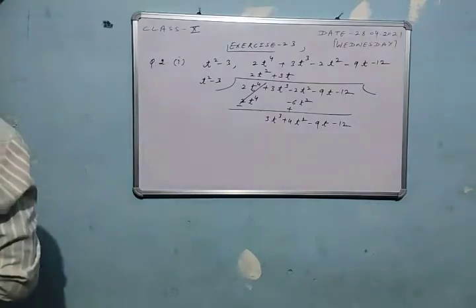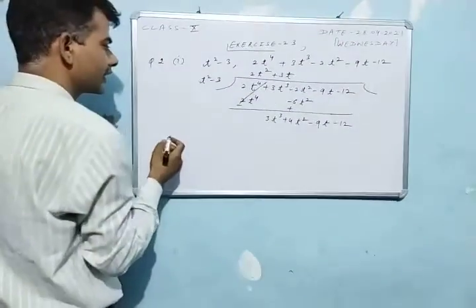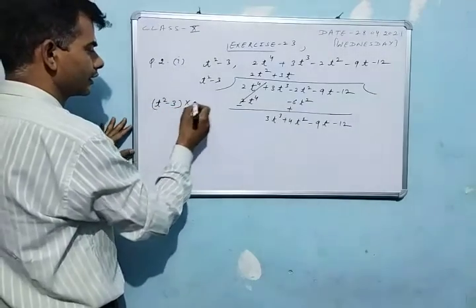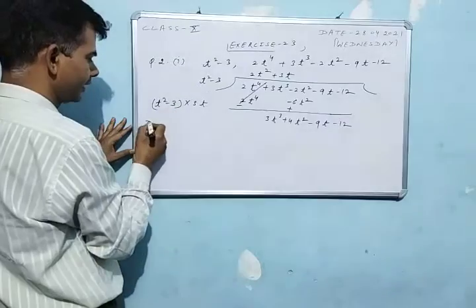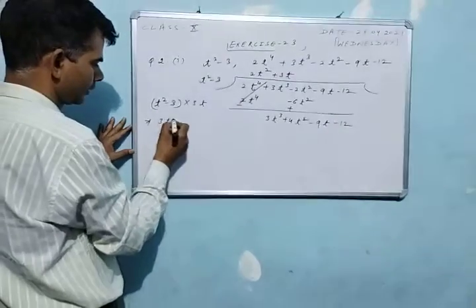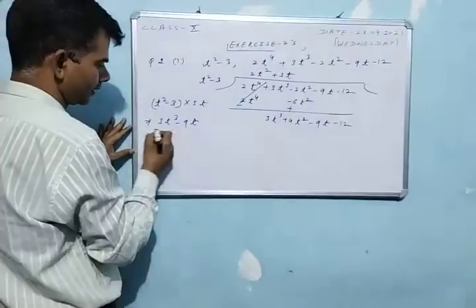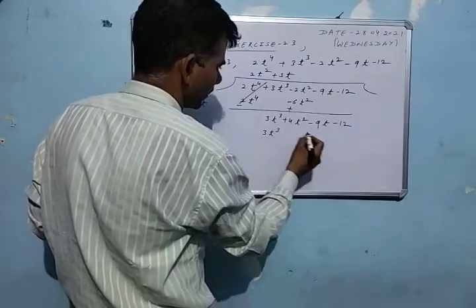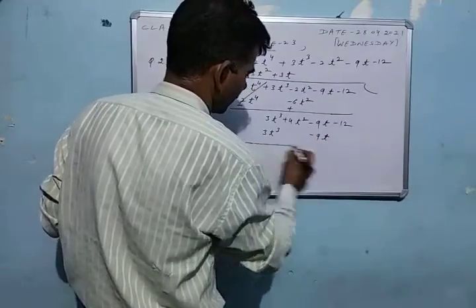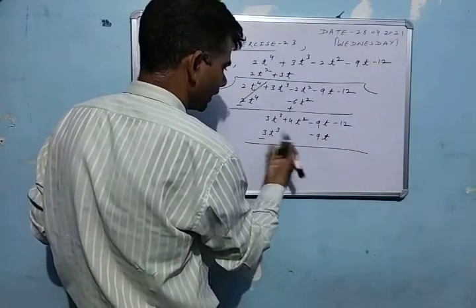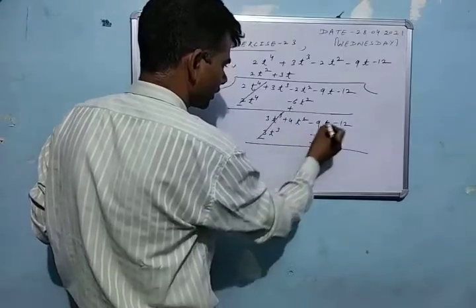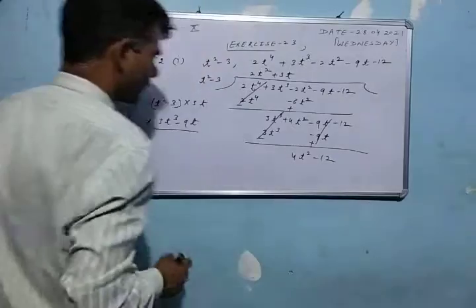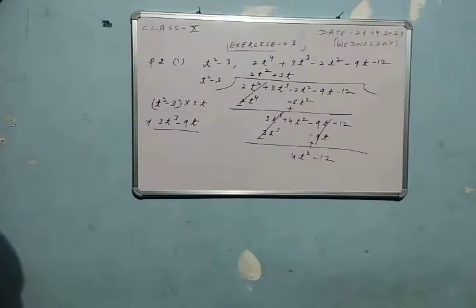Now student, t square minus 3 multiplied with 3t, and 3, that is 3t cube minus 9t. 3t cube minus 9t. Now student, your remainder, that is minus and that is plus, cancel out. Remainder is 4t square minus 12. 4t square minus 12.